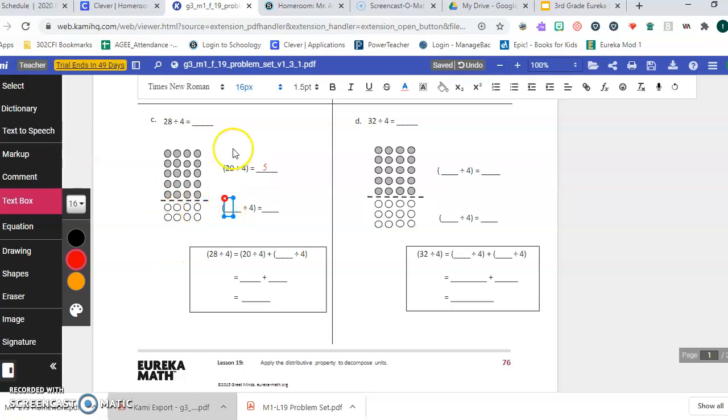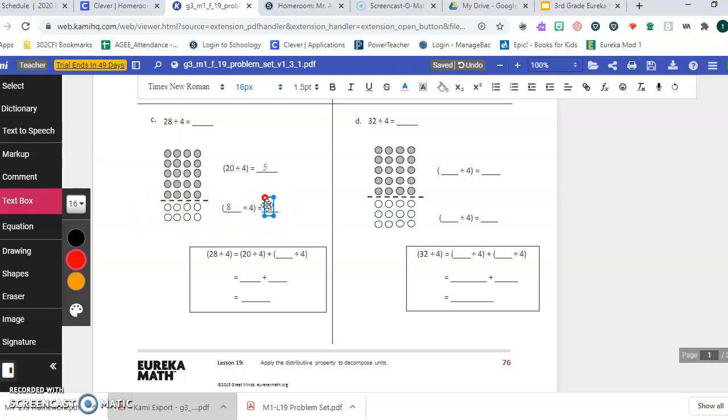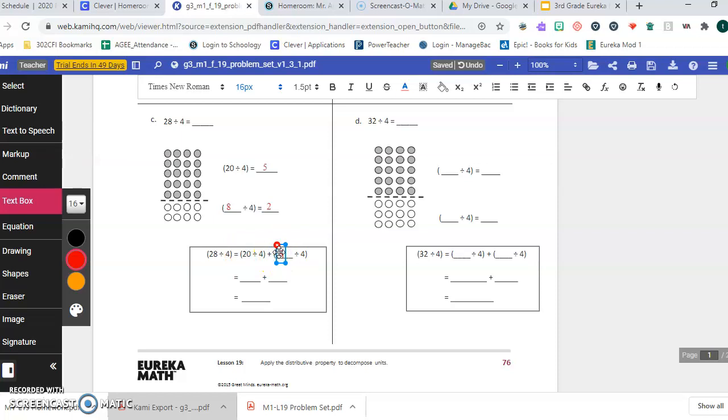So I've still got 8 left over here. One row of 4, another row of 4 gives me 8 total. Divided by 4, how many total rows do I have? I have 2 total rows or groups. So I've got a new blank to fill out here. 28 divided by 4, they divide this 28 into a 20 and an 8.